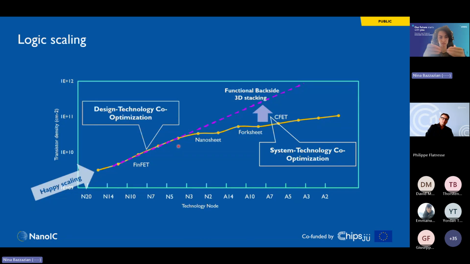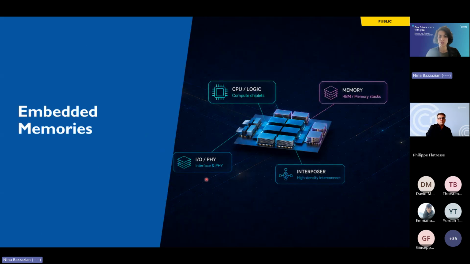And this close collaboration helped extend density scaling and maintain this progress of Moore's law that had been predicted for many years. So basically, scaling is no longer just a device problem. It has become a system-level challenge. So this concept is basically the backbone of the offered technologies in this initiative, NanoIC Pilot Line.